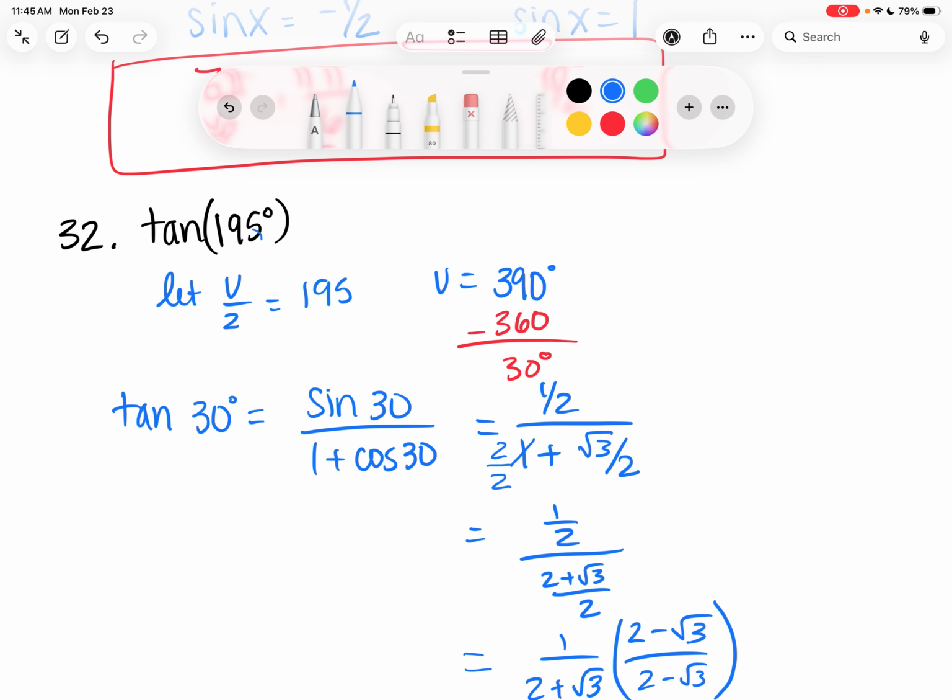It's the half angle of 390. But that's not a value on our unit circle, so we had to find the coterminal angle. I just put that in there so you see what we're plugging in, because you can't plug in 390. Well, you can, but it's harder.